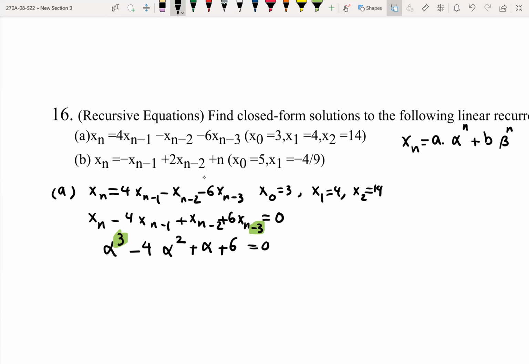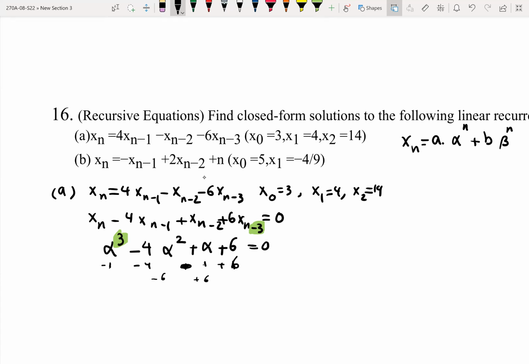What do you think? If you factor out alpha squared, that makes one left. So if I plug in 1, it gives you 6, 7, 8, so it doesn't work. If I plug in -1, -6 plus 6, so -1 works.